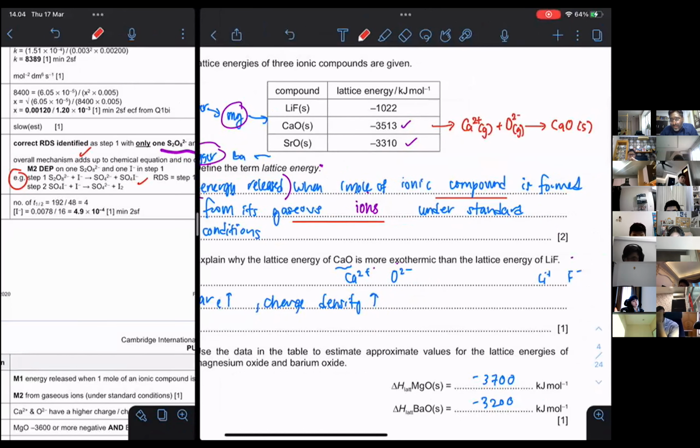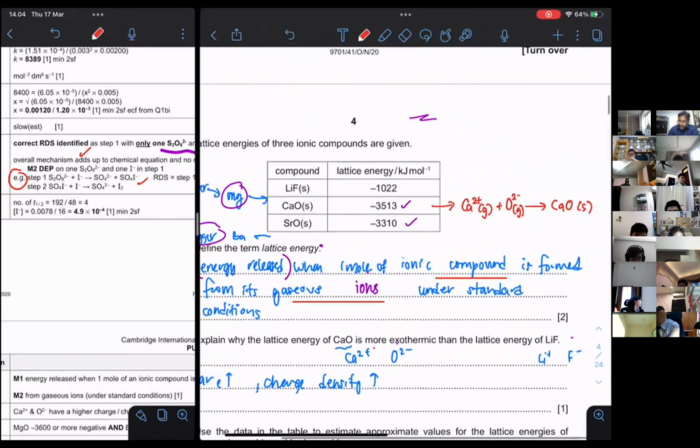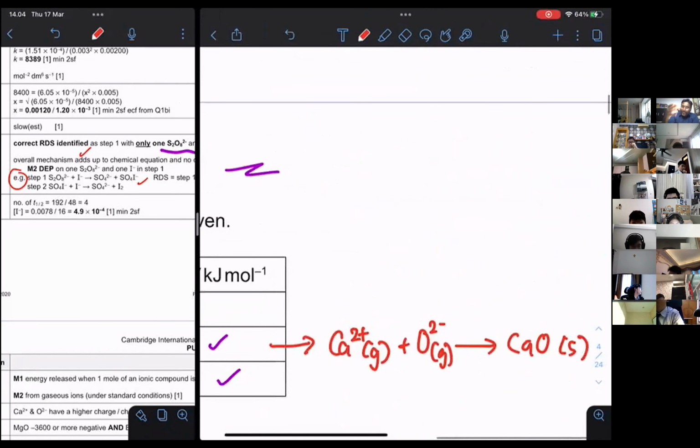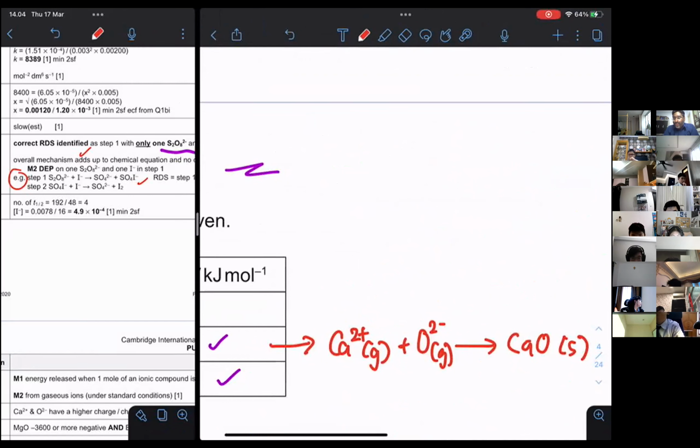Please remember that. Students will get confused with certain things. I will tell you certain things that you need to remember, whether exothermic or endothermic. Lattice energy is always going to be negative, because it's going to be forming the bond.